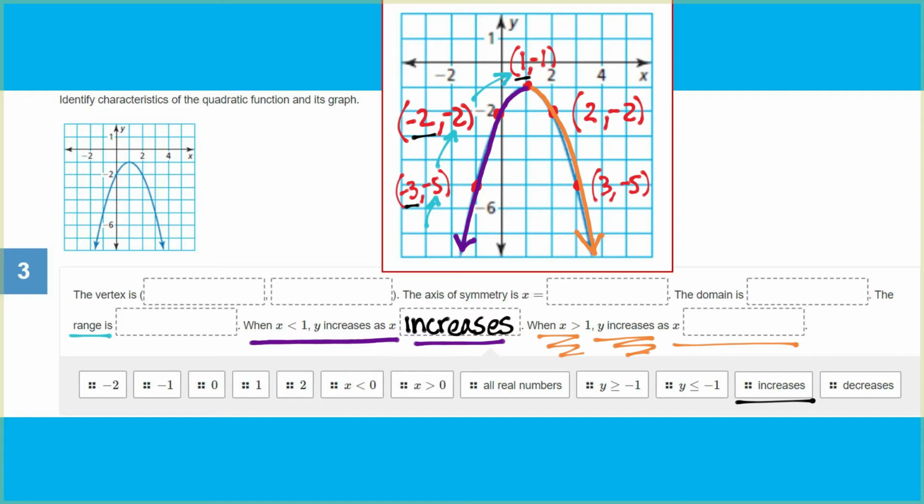So the y coordinates, this is -5, changing to -2, changing to -1. So the y's are increasing. What's happening to the x's? 3, 2, 1. So as the y's are increasing, the x's are decreasing. So we fill in the blank: when x is greater than 1, y increases as x decreases.